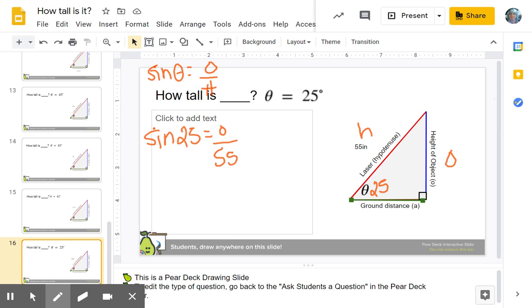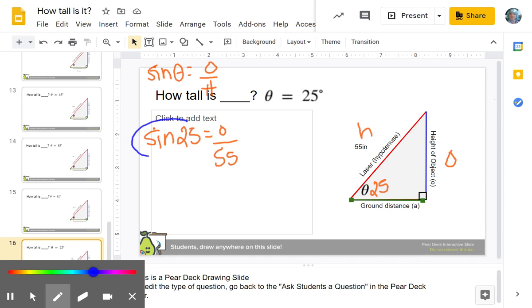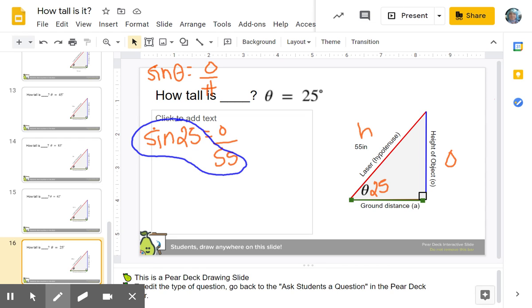Mm-hmm. So it's going to be 55 times 25. Perfect. And then it's going to be 22.